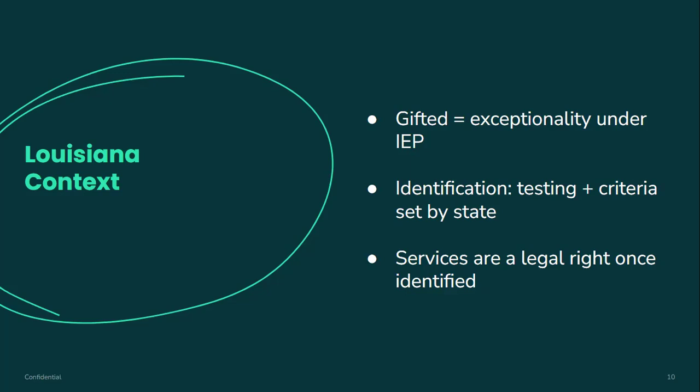Imagine if you have a district that's already understaffed, if you have one that's already under-resourced or underfunded, they might not be as inclined to promote training and identification of giftedness because then they would be legally obligated to provide the services to those students.